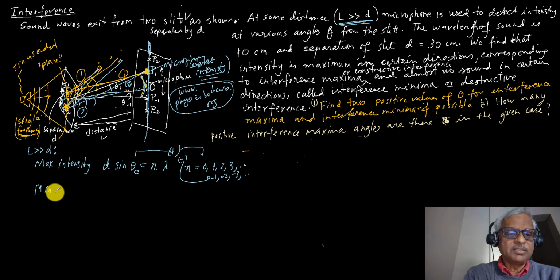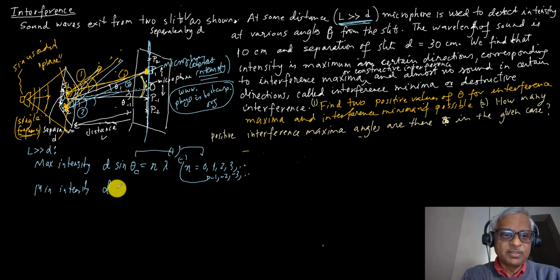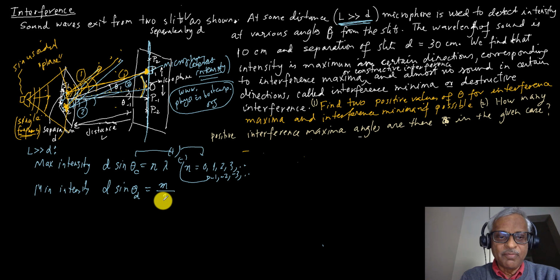For minimum intensity, we will have a very similar formula, but we're going to call it theta destructive, and I'm going to use the letter m, not mass, just the letter m.